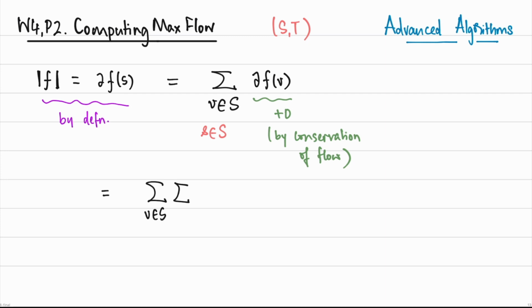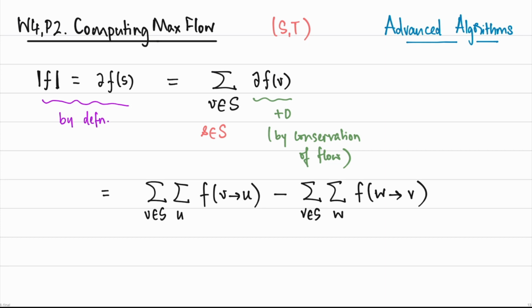So let's say this is v in S, and I want to look at all vertices u that are out neighbors of v, and we look at the edge from v to u, and we look at the flow in there. That's the total outgoing flow from the vertex v, and we adjust for the incoming flow into the vertex v, so that's v in S and all choices of w, but this time we're looking at edges coming into v, right? So this again is really, again, by definition.